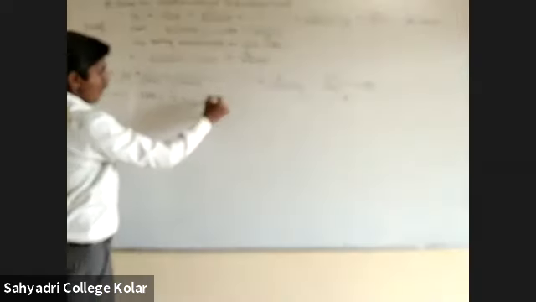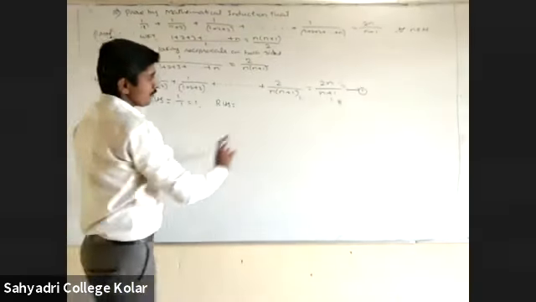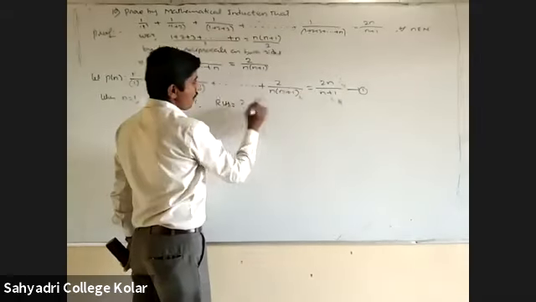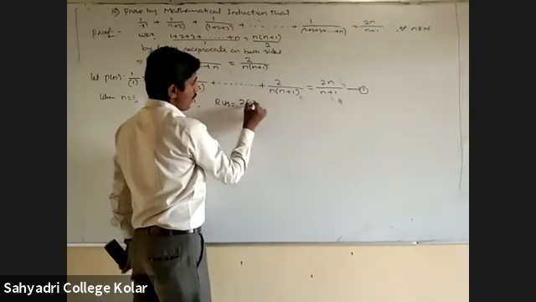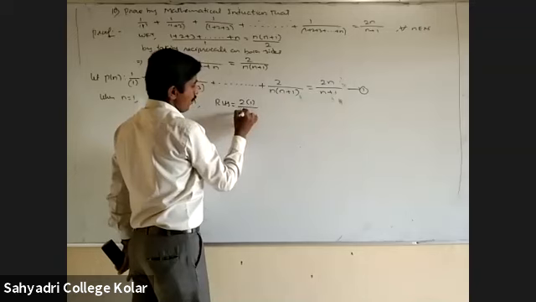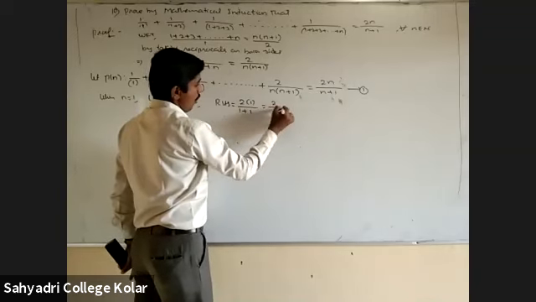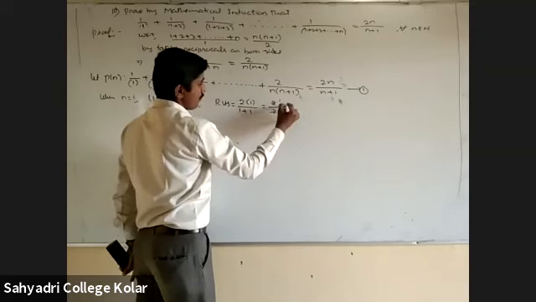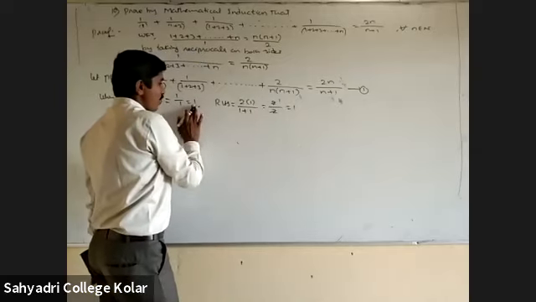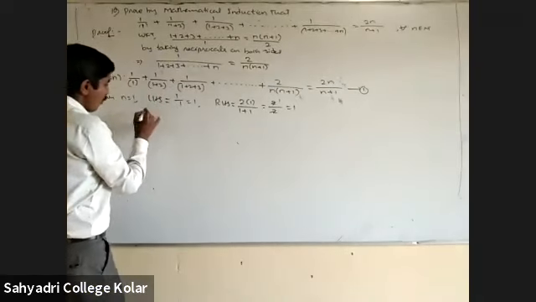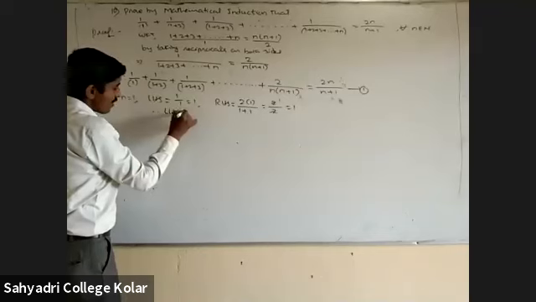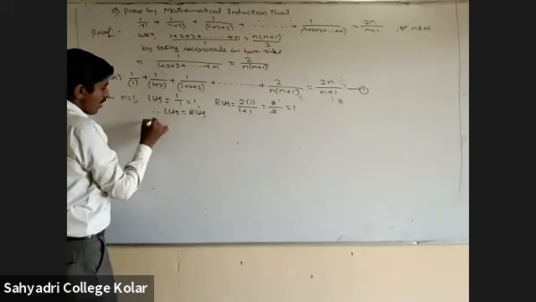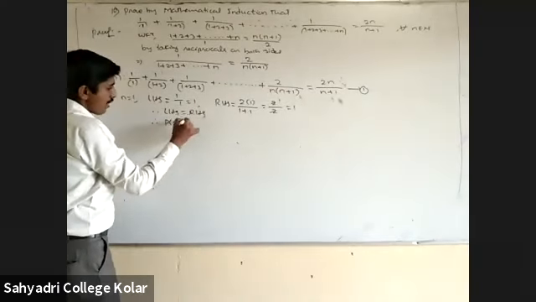Substitute n is equal to 1 in the RHS: 2 into 1 divided by 1 plus 1, that is 2 divided by 2, equal to 1. LHS is equal to 1, RHS is equal to 1. Both values are the same. Therefore, LHS is equal to RHS. Therefore, P of 1 is true.